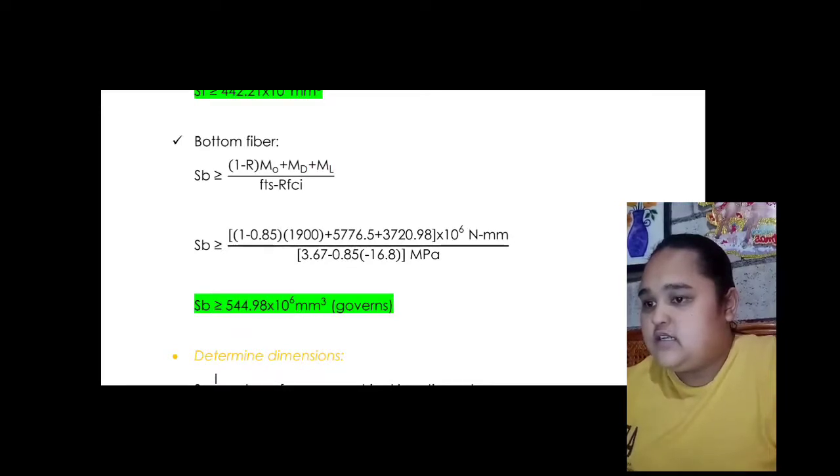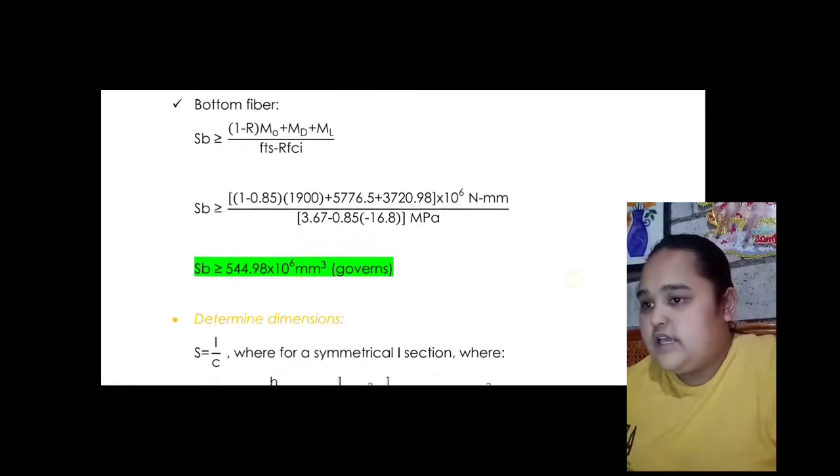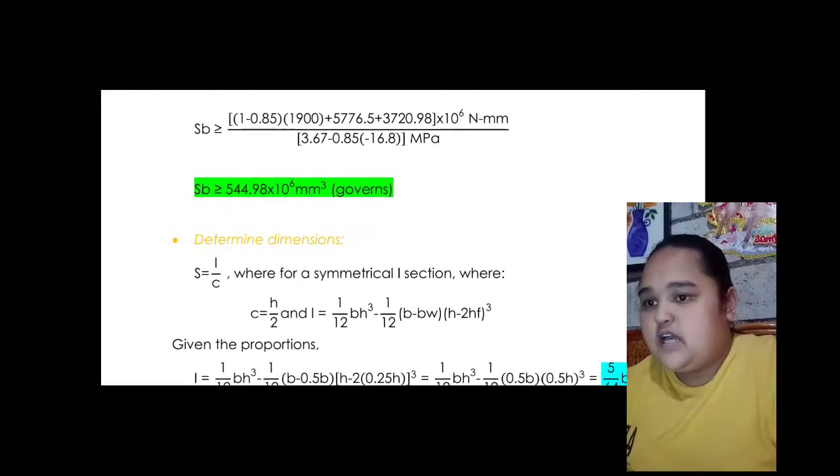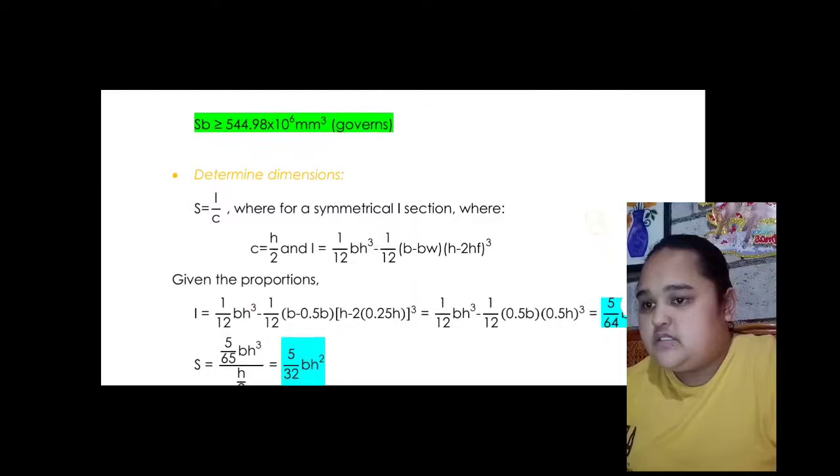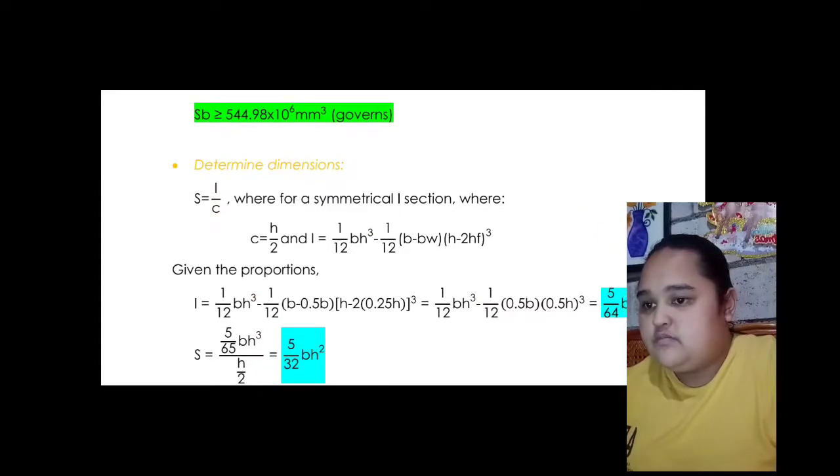The next is to determine the dimensions. S is equal to I over C, where for the symmetrical I section C is equal to H over 2 and I is equal to 1 over 12 times B times height cube minus 1 over 12 times (B minus BW) times (H minus 2HF) cube.